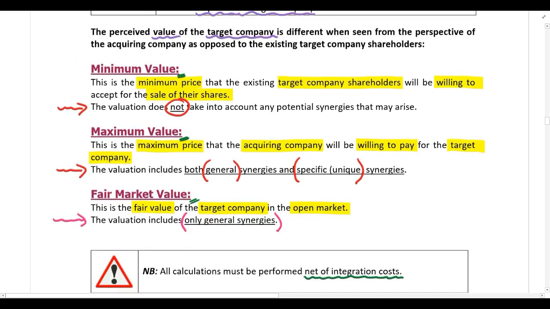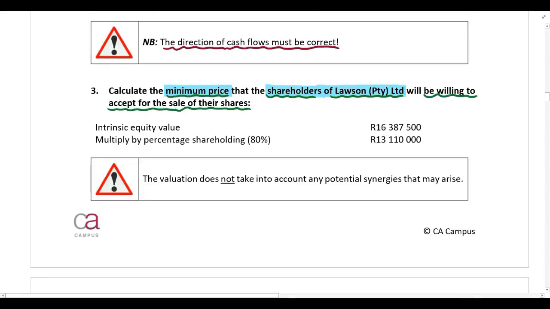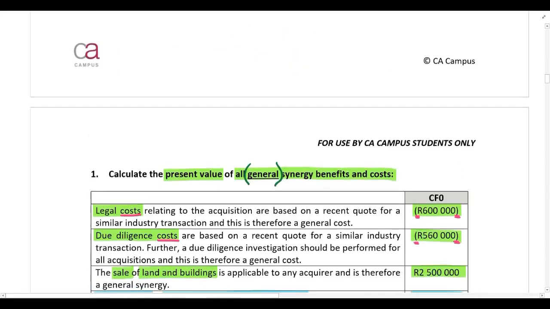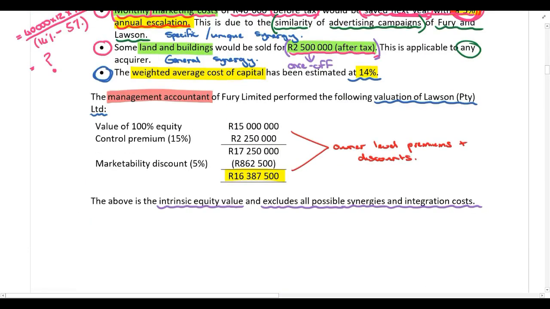And if you go back to your lecture notes, when calculating the minimum value, we do not take into account any potential synergies that may arise. So if you go back to the information provided in the question, the management accountant of Fury Limited performed the following valuation of Lawson Pty Limited. So we already have the value over here.